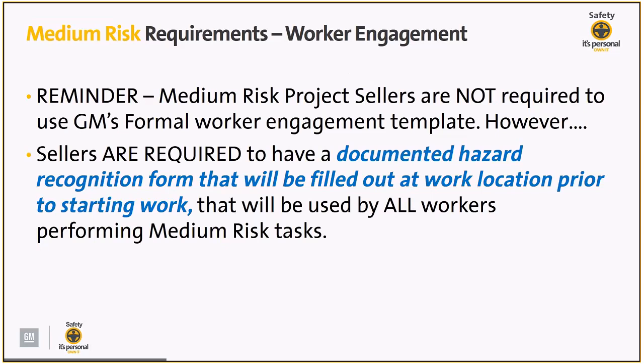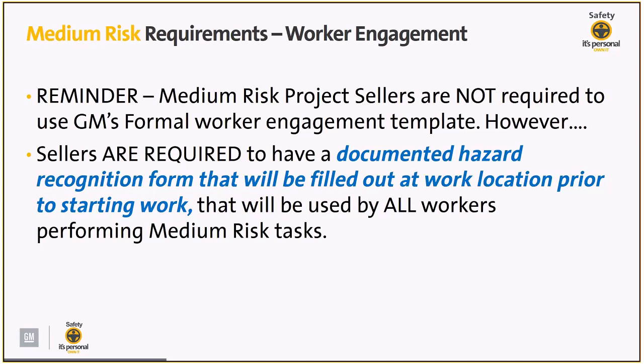However, they are required to have some sort of documented hazard recognition form that will be filled out at the work location prior to starting work. It must be used by all workers performing medium risk tasks. So just a requirement there. They don't have to have a formal worker engagement form, but this is our way of making them have some type of form without requiring them to use our specific template.